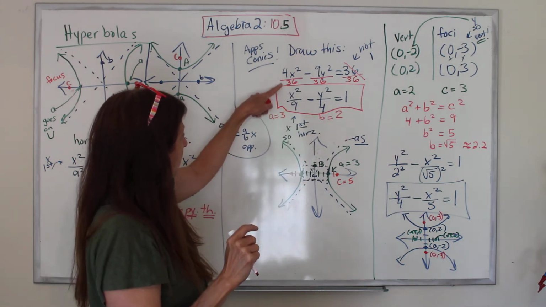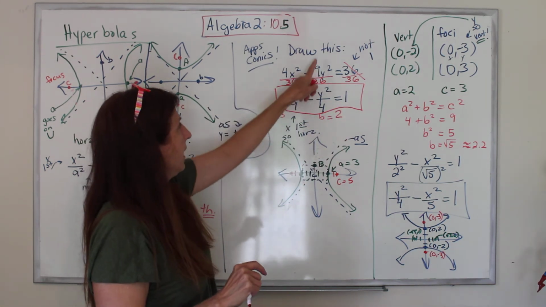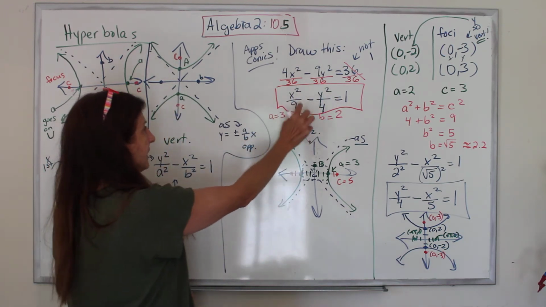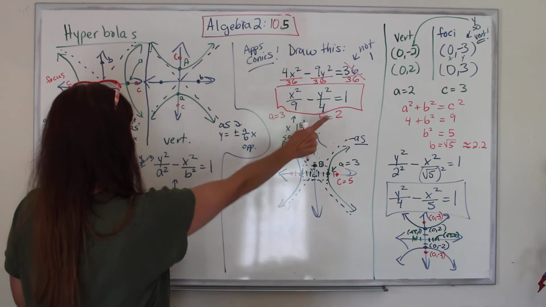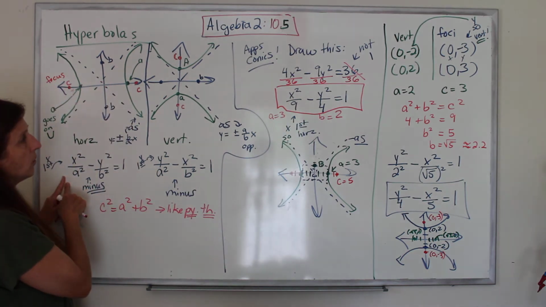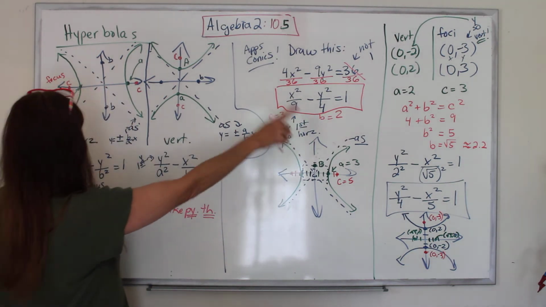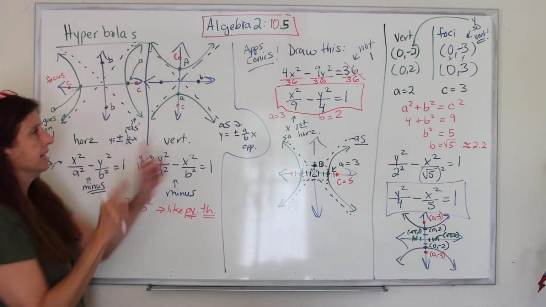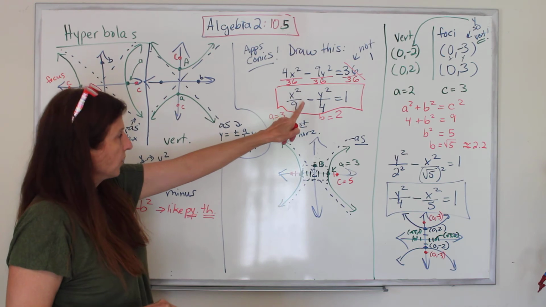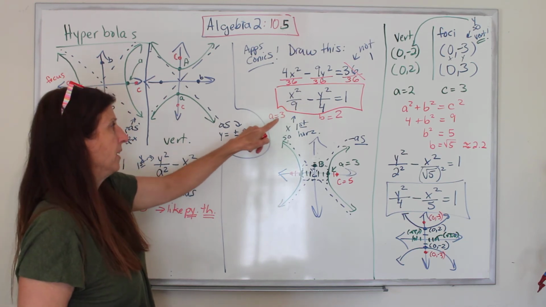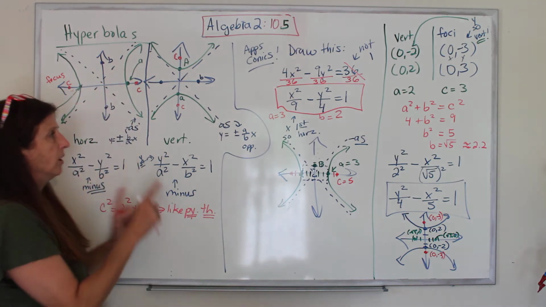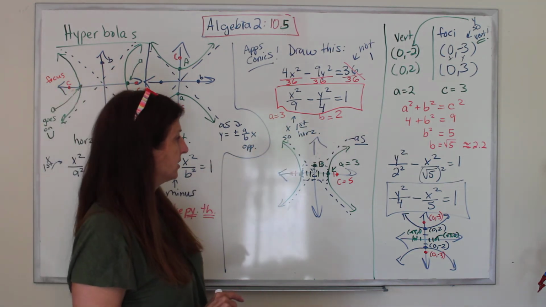Then 4/36 reduces to 1/9, and 9/36 reduces to 1/4. X is first, so we know it's horizontal. Notice this is not a, it is a squared. The square root of 9 is 3, so a is 3, and the square root of 4 is 2, so b is 2.